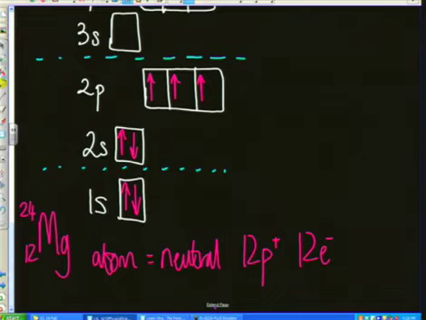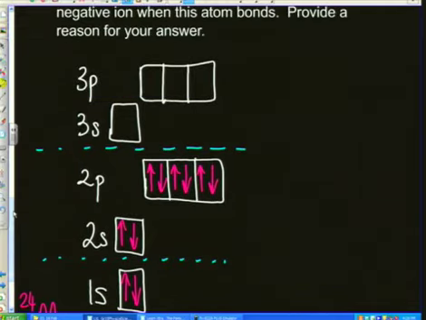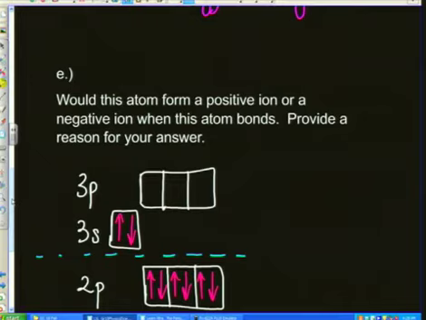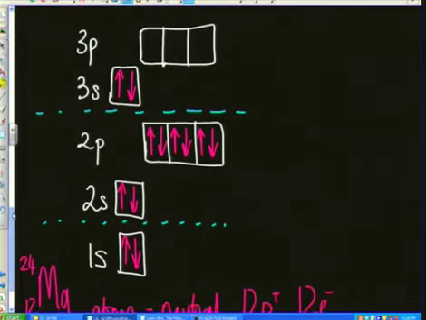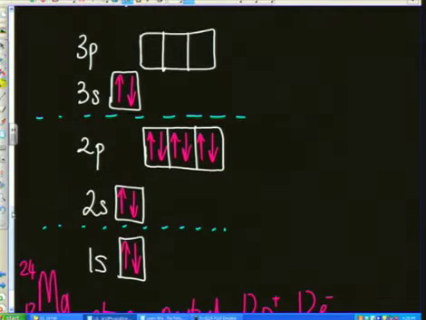So 1, 2, 3, 4, 5, 6, 7, 8, 9, 10. Then we've got to go to the next energy level. 11, 12.